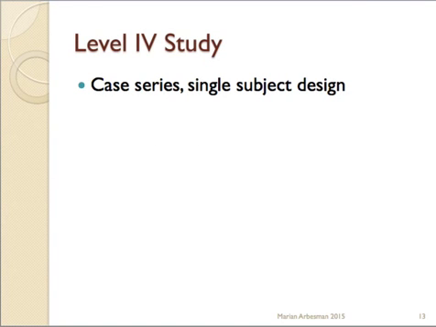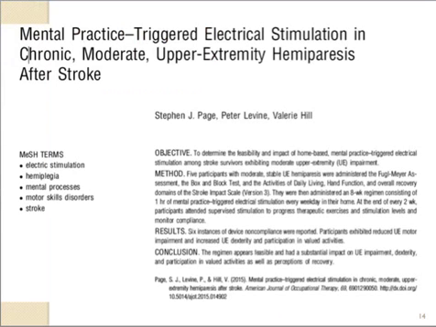Level 4 studies are the case series and single subject design. Those are usually smaller studies in which the group is studied on an intense basis, but because of the size and the type of design, it's a little bit lower evidence. But again, done for a pilot study.